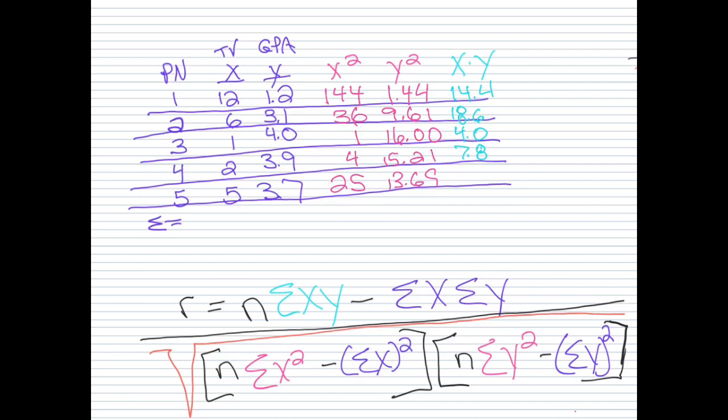Then 5 times 3.7, sorry, it's really hard for me to look sometimes in different ways. So 5 times 3.7 is 18.5.